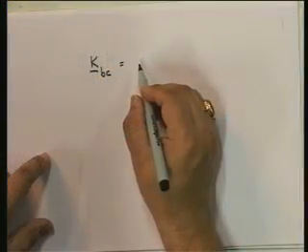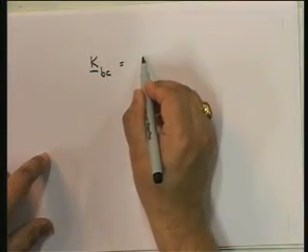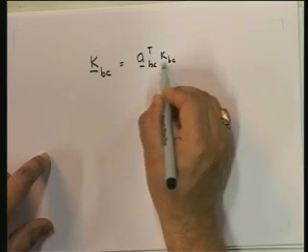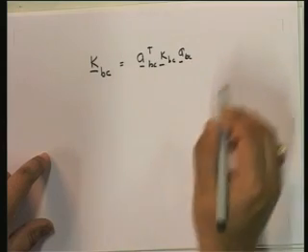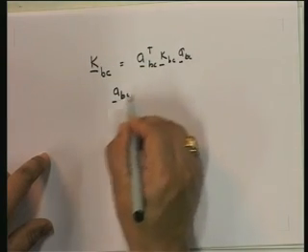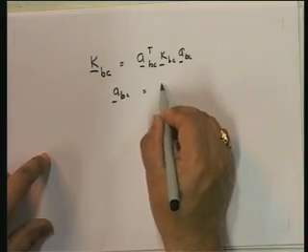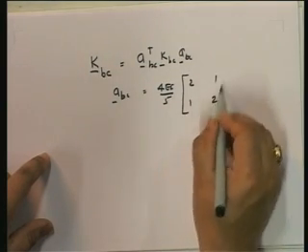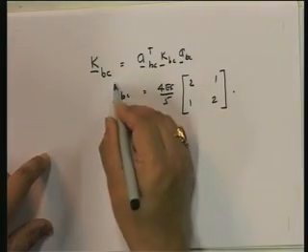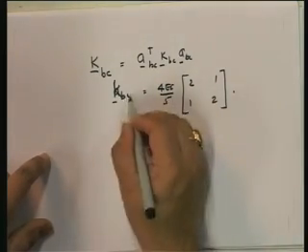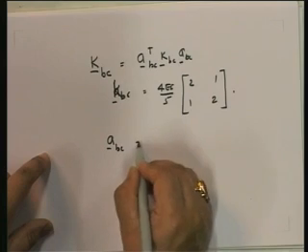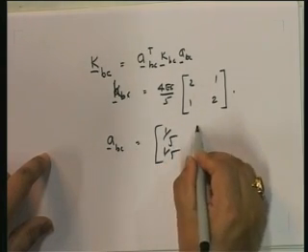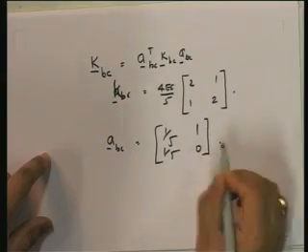KBC is going to be equal to A_BC transpose K_BC A_BC. Now K_BC is 4EI upon 5 into 2, 1, 1, 2, and A_BC is 1 by 5, 1 by 5, 1, 0.